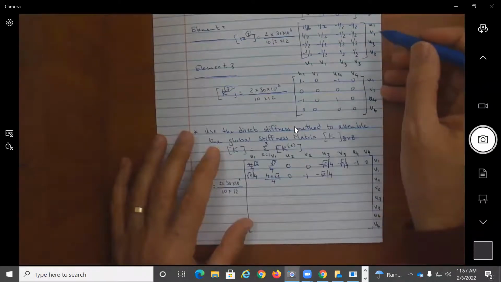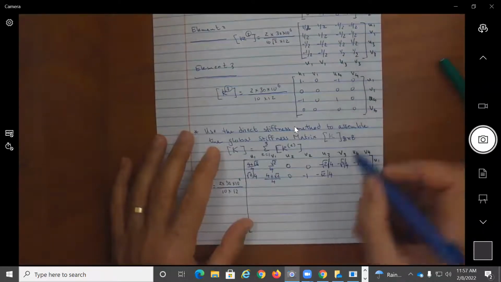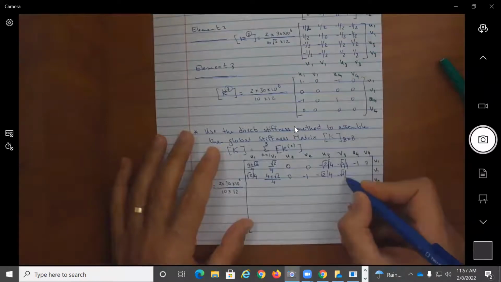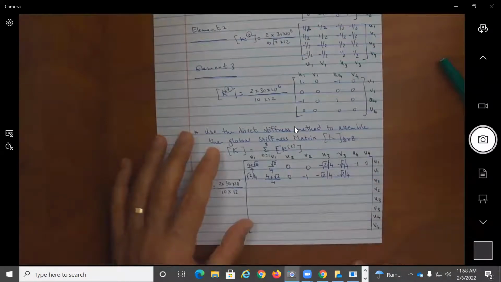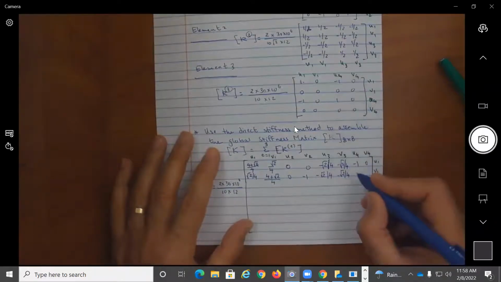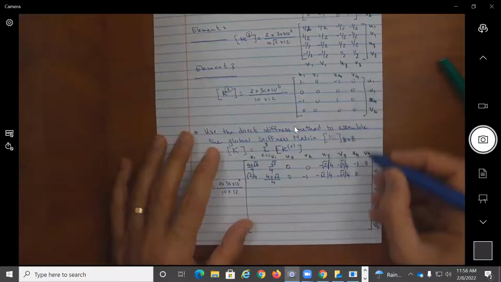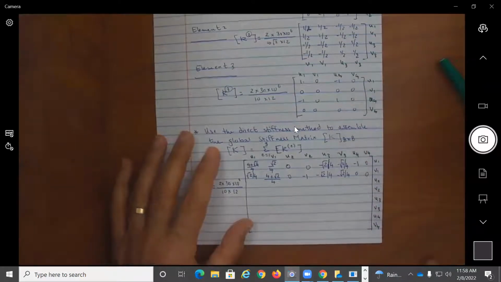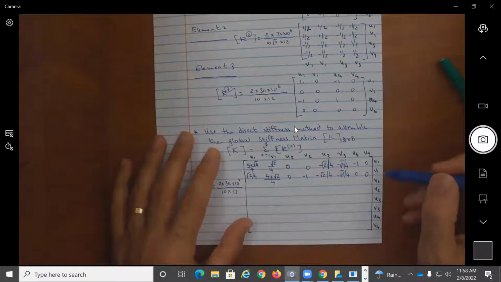V1, V3 is the same, minus the square root of 2 divided by 4. And then V1, U4 is a 0, and V1, V4 is a 0. Are you following the steps? Okay. Things are going to get easier as I move on.